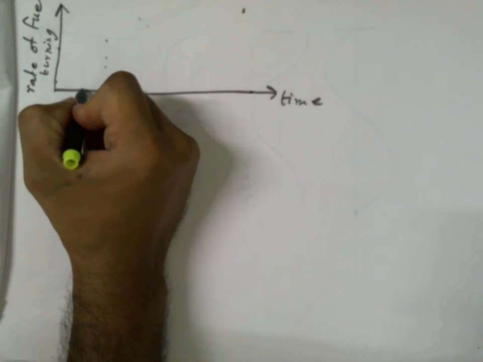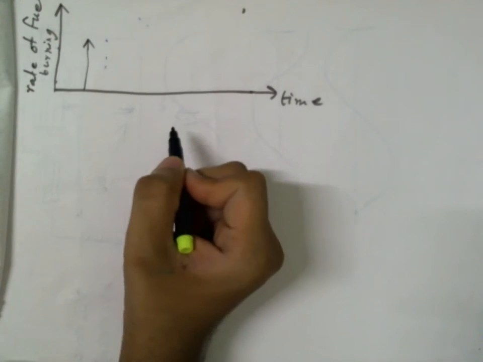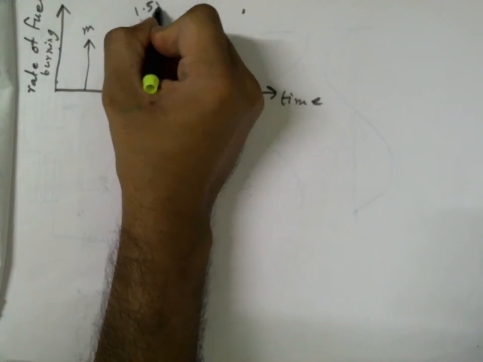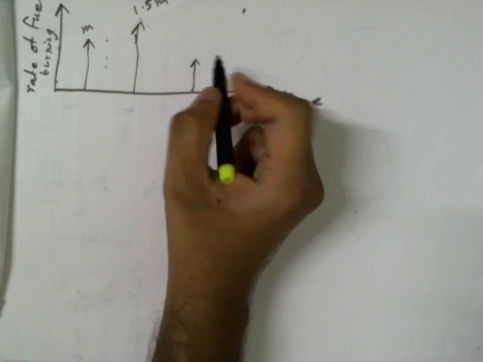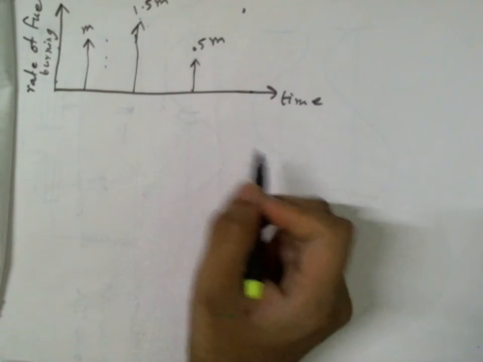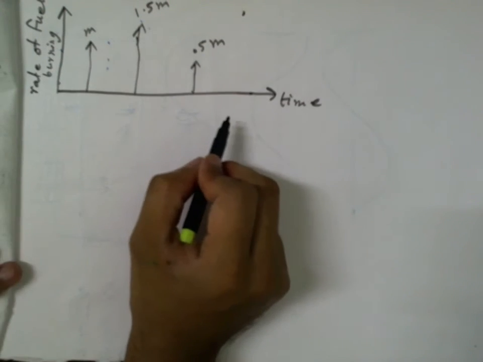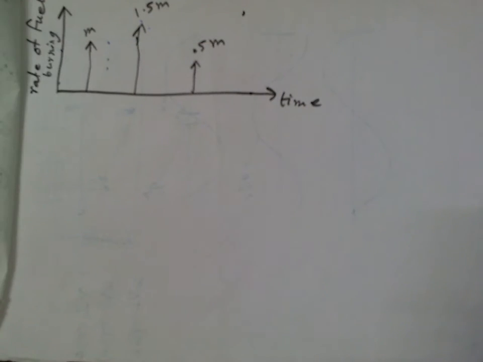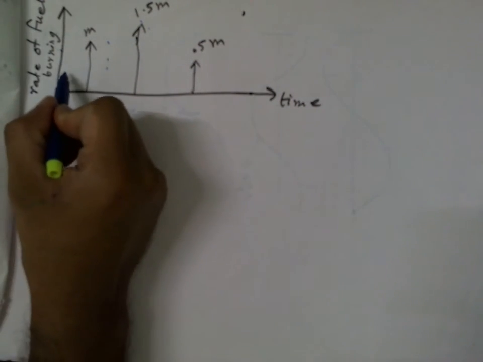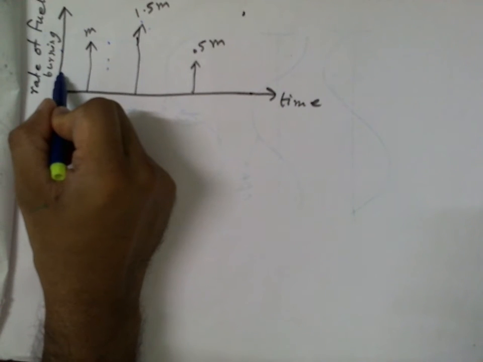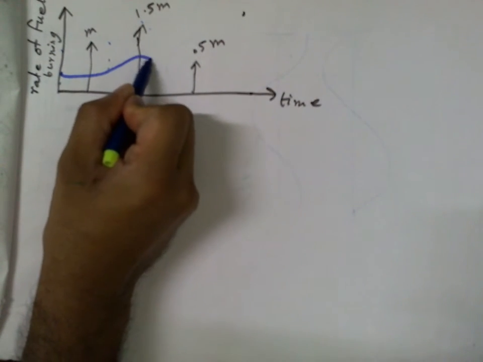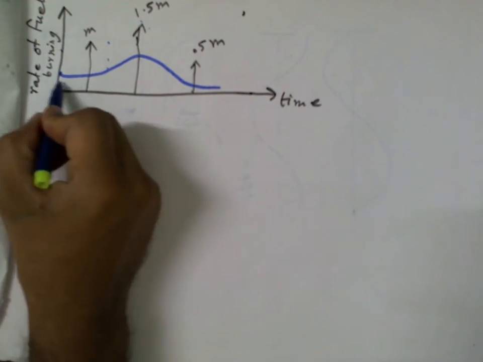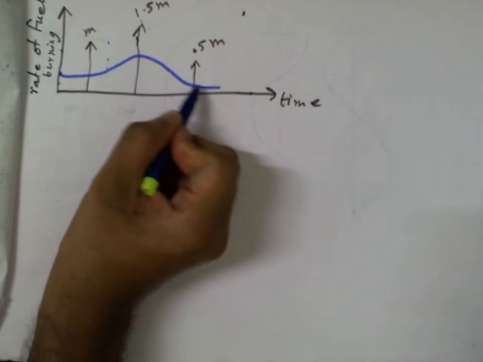Previously it was like this, suddenly m amount of gas, again suddenly 1.5 m amount of gas, again suddenly 0.5 m amount of gas. So this was how the fuel was burning in my previous engine, and the new engine is much better than this. It burns fuel slowly and smoothly like this. So this is no longer an impulsive curve but a smooth curve.